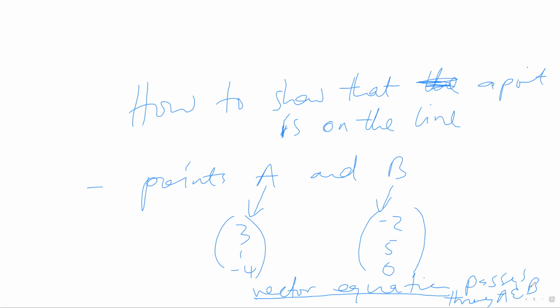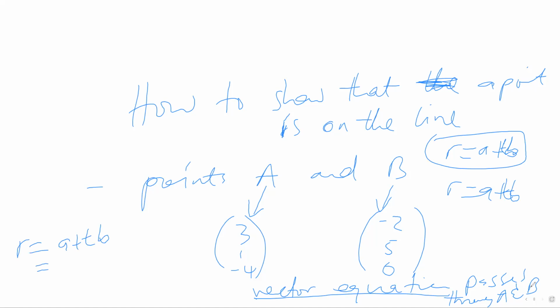So what do we do? We're using the same equation, guys. Nothing has changed. r is equal to a plus tb. So your a is going to be the first one, which is (3, 1, -4), plus t.